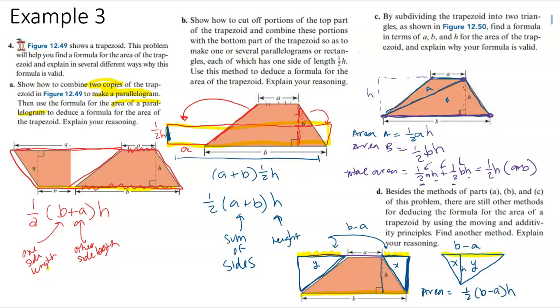So now what is the full area? Okay. So the rectangle minus the triangle, that is going to give us our trapezoid. So our rectangle is base times height, or length, B times H, so BH, minus 1/2, and let's just distribute this out.